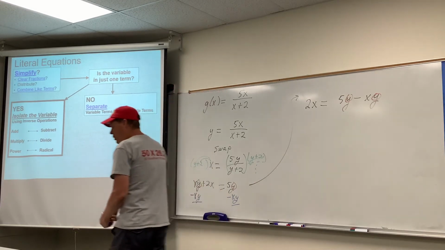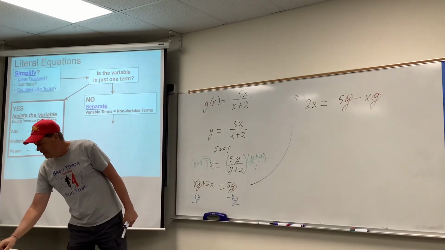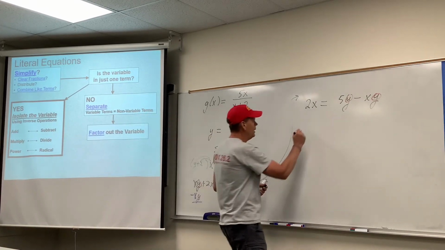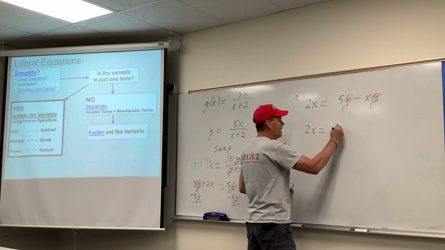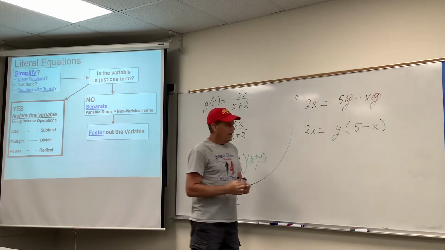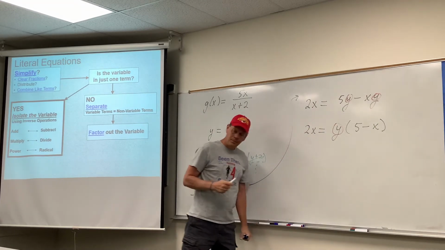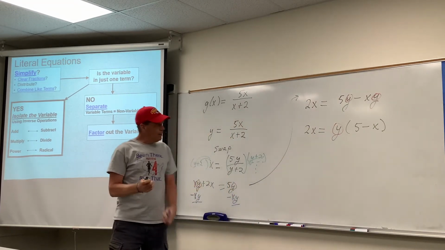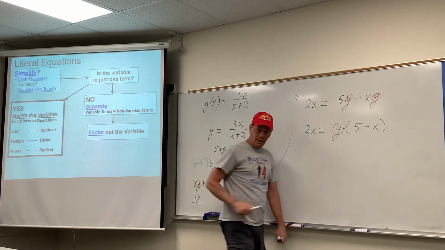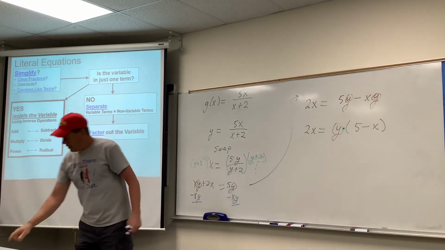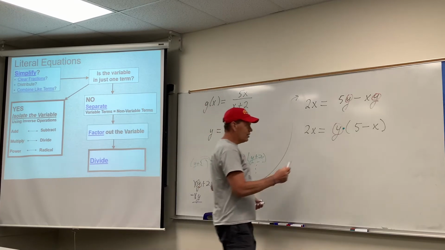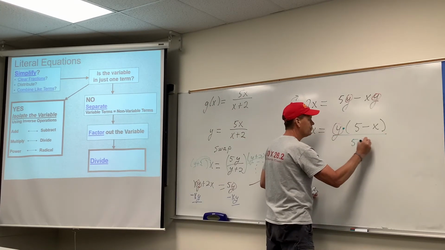And then you hopefully recall that since y is a common factor, you can factor out a y over here on the right-hand side. Boom. And then you go, well, I want y by itself. What's going on between the y and the parentheses? Multiplication. So that was the logic behind going ahead and dividing both sides by the expression that's in the parentheses.